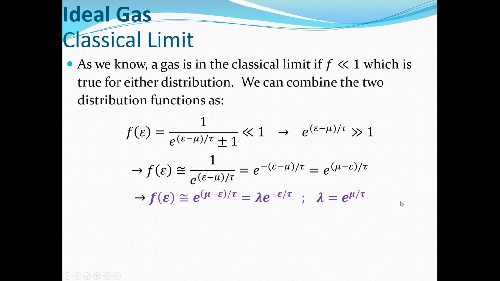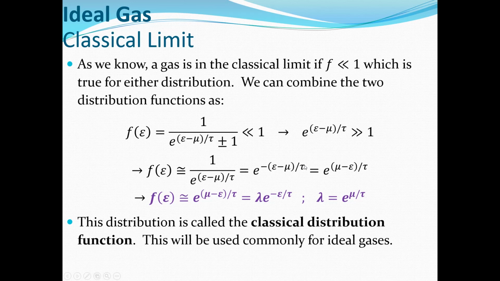This is what we would call another definition for the classical limit. In the classical limit, we get this relationship that the average occupancy is going to be equal to lambda times e to the negative epsilon over tau.